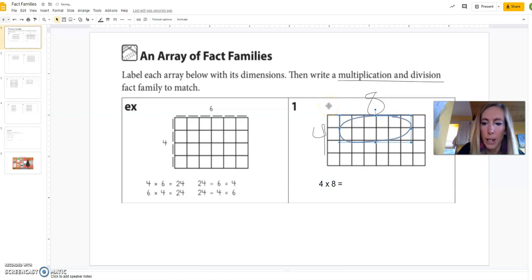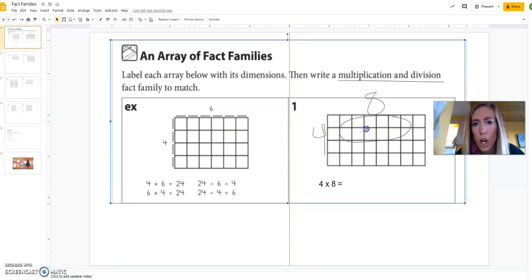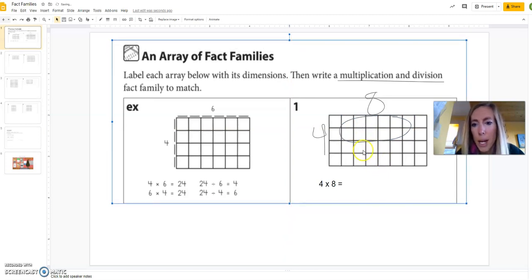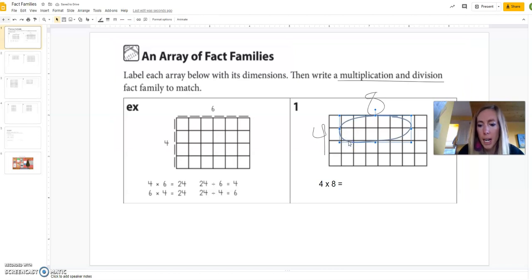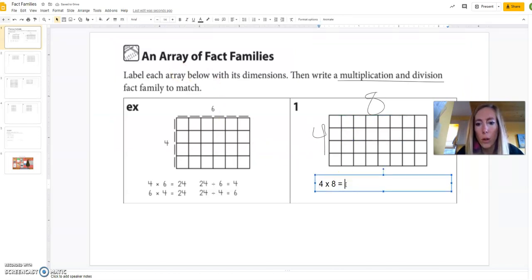And 2 groups of 8 is 16. And look at this. That's 16, and so is this part on the bottom. So I'm going to erase that and write in, well, I know the top double is 16 plus another 16 will give me my answer. And 16 and 16, well, that's 32.